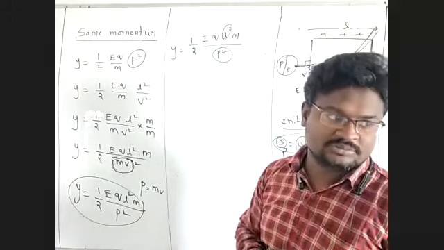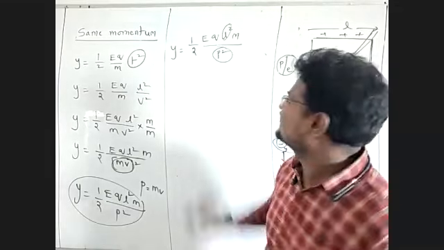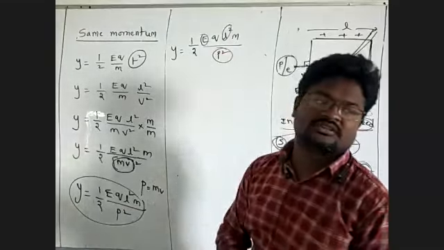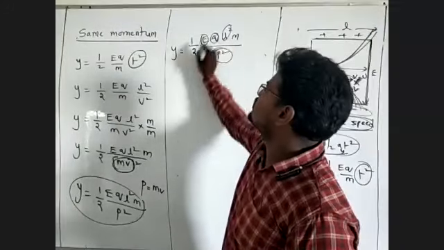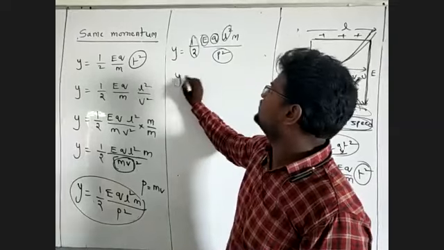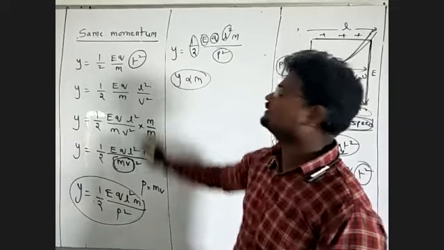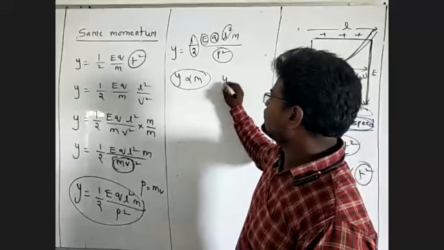The length of the rod is constant, the electric field is also constant, and q is also constant. Now 1 by 2 is constant, so y is directly proportional to m.